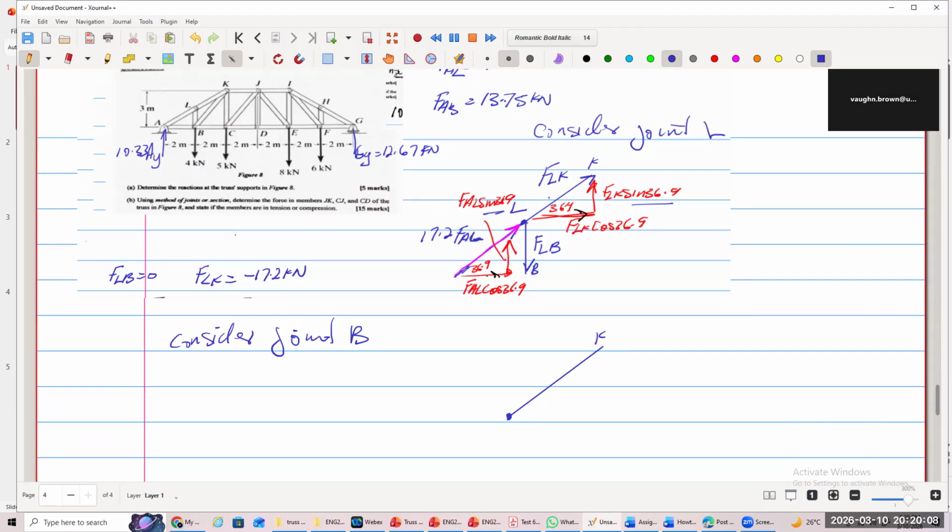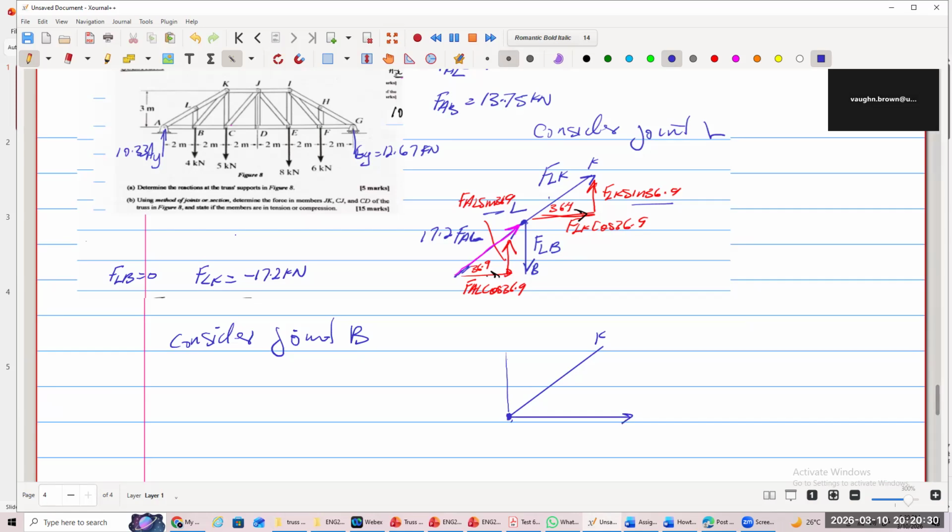Now the force that was coming down in joint B, this is 0. The one that was here is 0, so I can leave it out. You remember that one? LB, 0. But I can now put in BC, which I don't know.